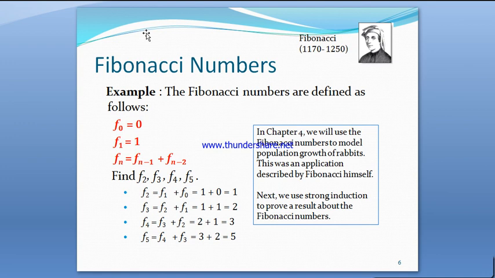The example here is to find f2, f3, f4 and f5. From the given relation, we can have f2 equal to 1, f3 equal to 2, f4 equal to 3 and f5 equal to 5. These numbers are used to model the population growth of rabbits.